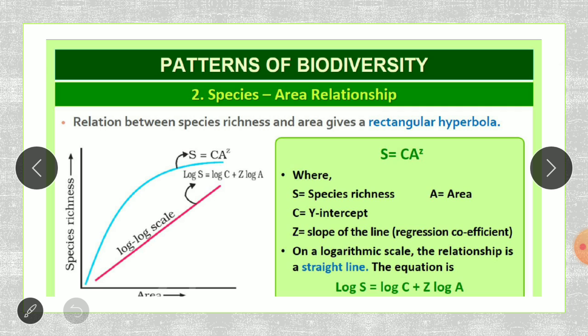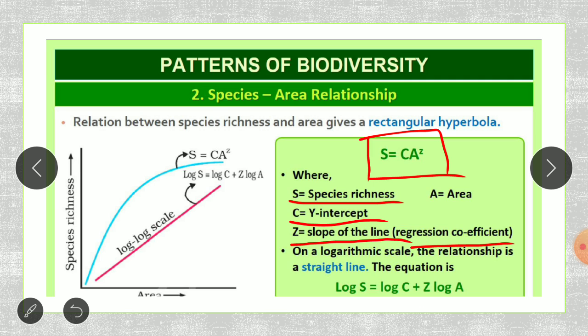This rectangular hyperbola can be given a formula, that is S = CA^Z. What is S here? S symbolizes species richness. C is the y-intercept. Z is the slope of the line, that is the regression coefficient, and A is the area.